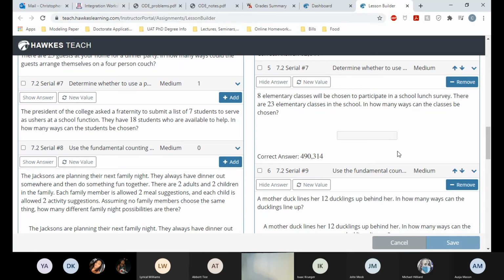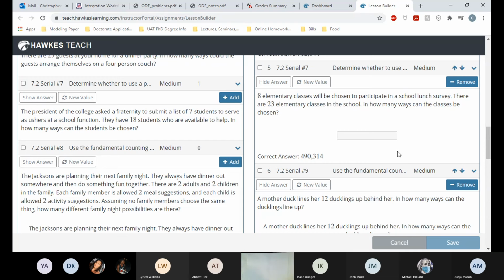Well, they've given us no information to imply that it matters. So I don't think it does, right? There are just 8 classes being chosen. There's not a first, second, third, fourth, fifth, sixth, seventh, and eighth position or anything like that. It's just 8 being chosen. So we would not use a permutation. We would use a combination here.